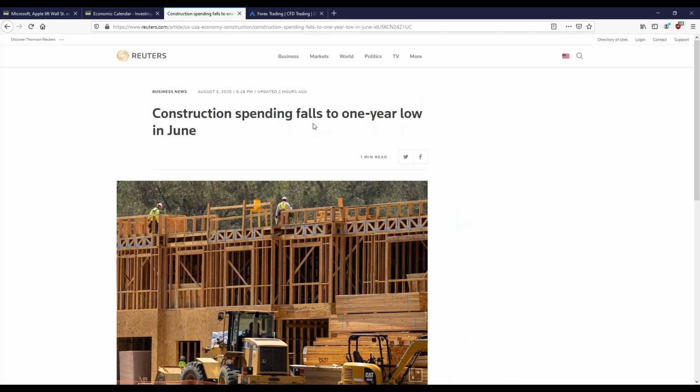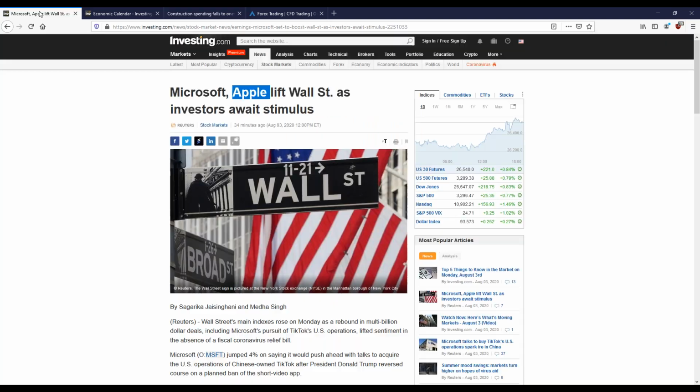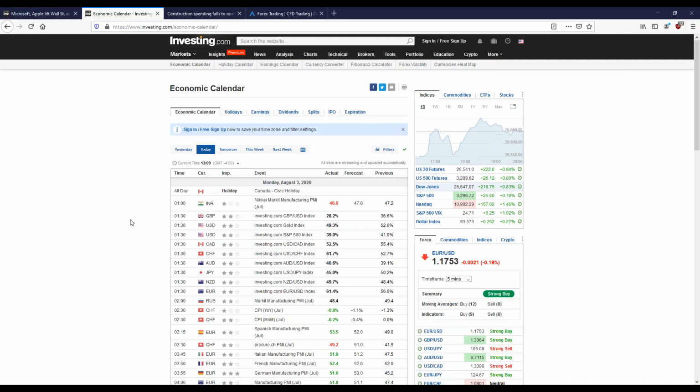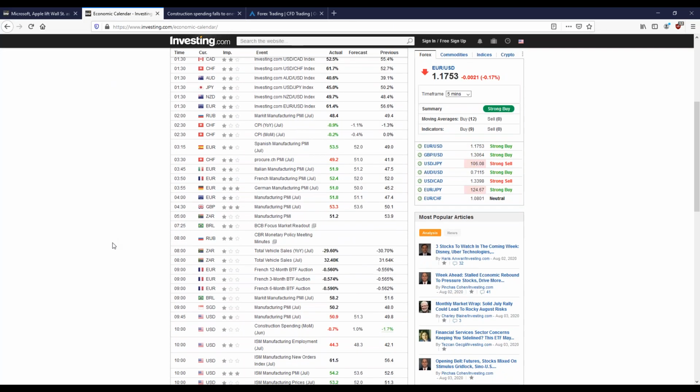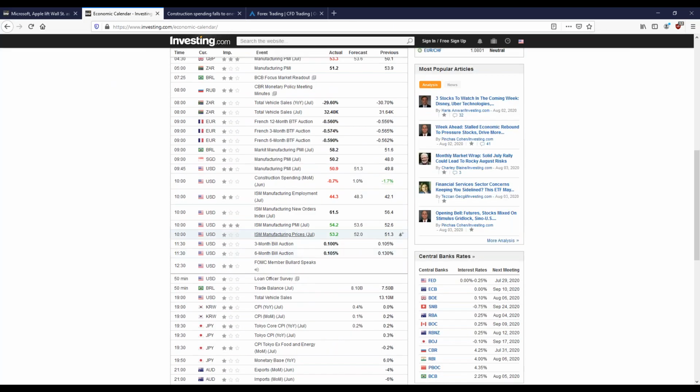Construction spending falls to 1-year low in June. Okay, those were bad numbers. Construction spending down. But if we look at the economic calendar, we see that out of the US, manufacturing activity is up, higher than expected, above 54 even.